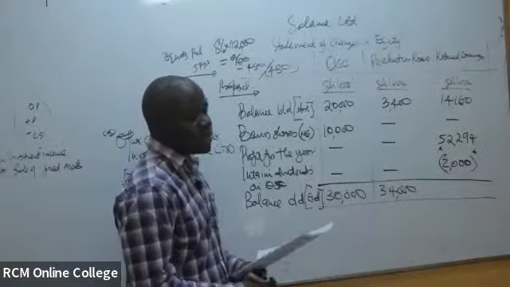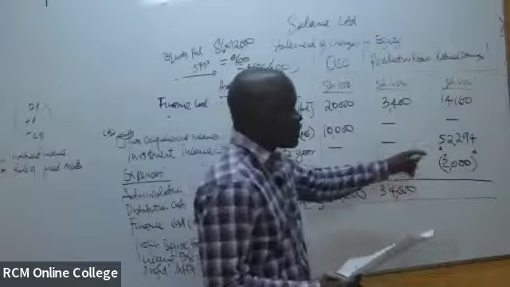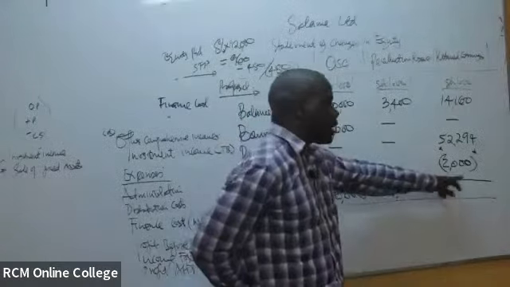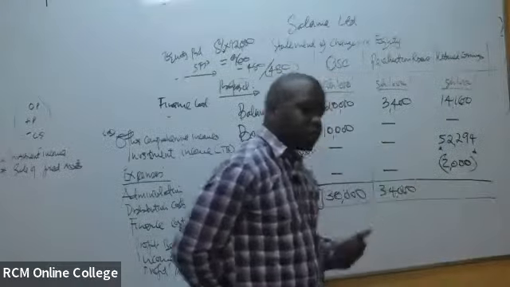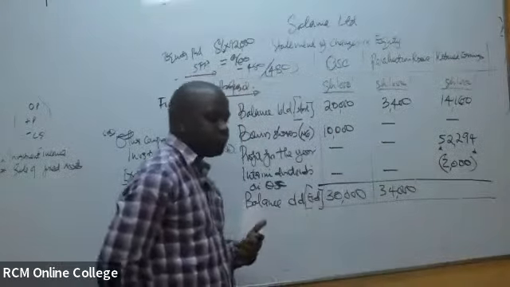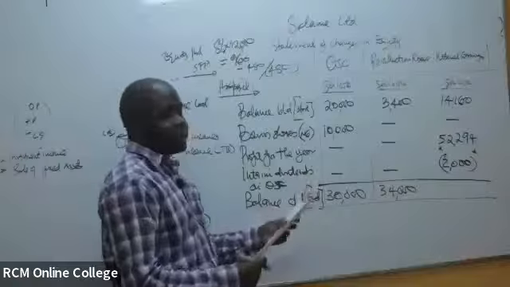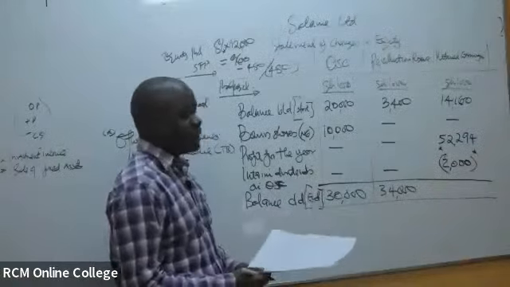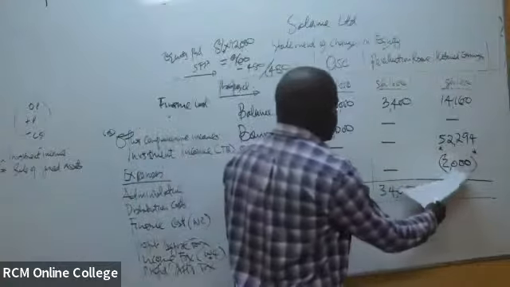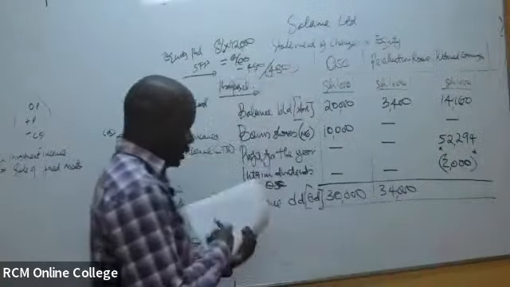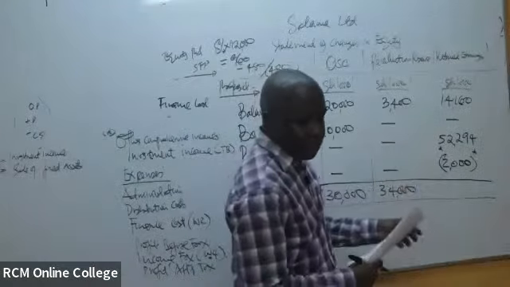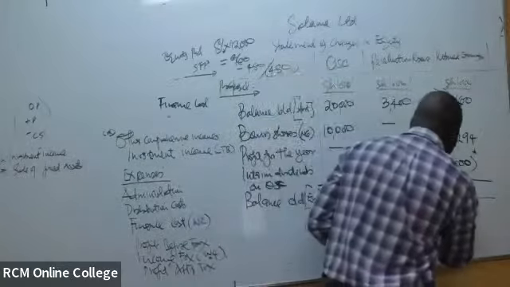Utaiona saa ile tutatengeneza statement of financial position as a liability. That's why we haven't included it here. That's why I'm saying it is accounted for under the finance cost: the redeemable preference shares are not part of equity, so it won't affect here. So you can get the difference. What are you getting as the figure? The figure is 64,454. Hope it is correct.